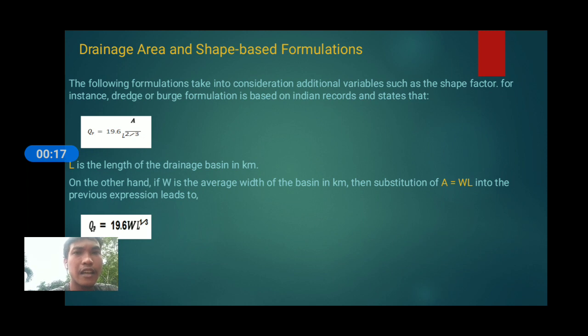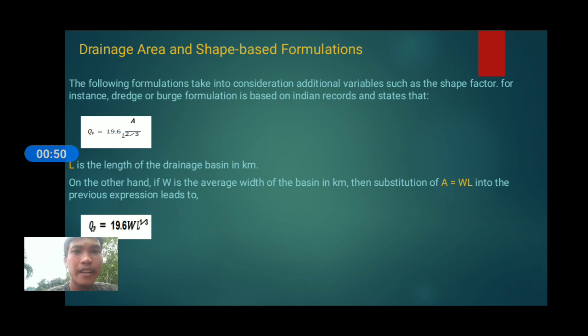This is a continuation of the first reporter's design flood discharge. The following formulations take into consideration additional variables such as the shape factor. For instance, the Dredge or Burge formulation, based on Indian records, states that QP equals 19.6 times A over L to the power of 2/3, where L is the length of the drainage basin in kilometers.